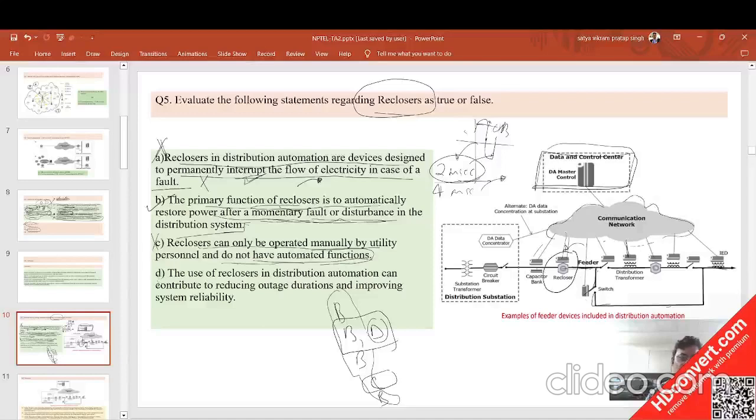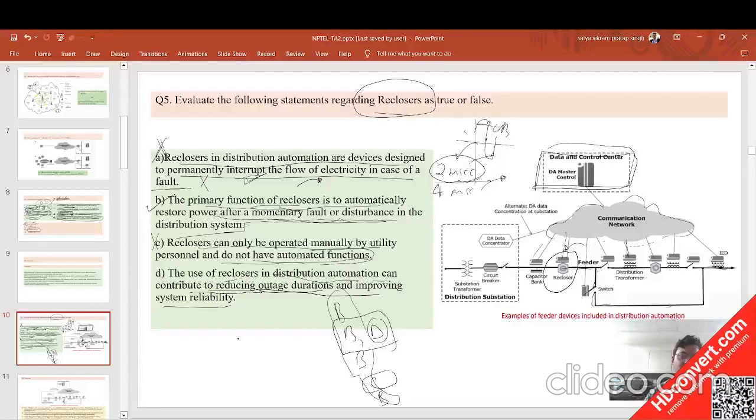Coming to the fourth part, the use of reclosers in distribution automation can contribute to reducing outage duration and improving system reliability. That is correct. Why?